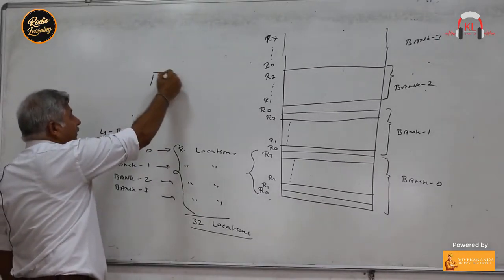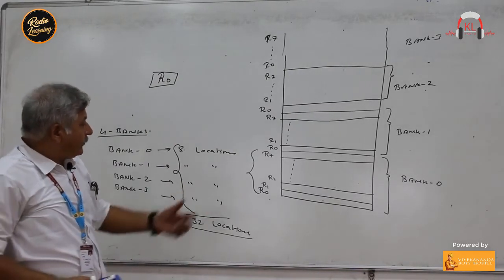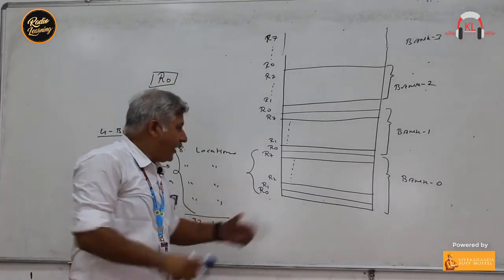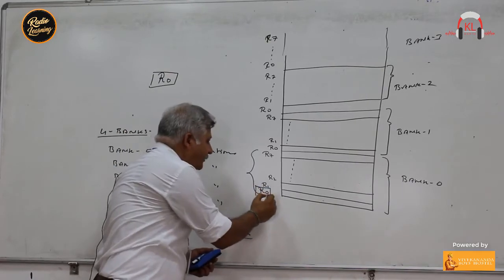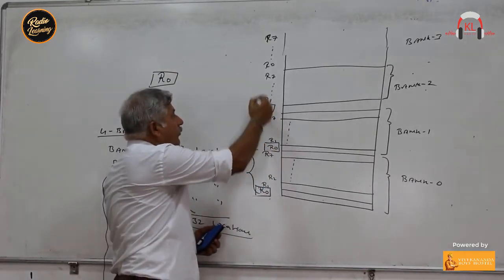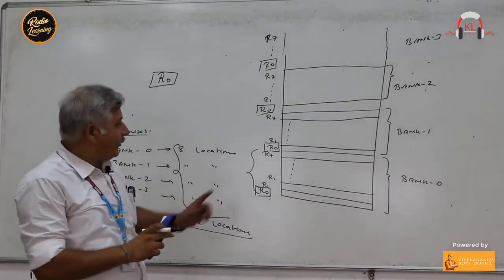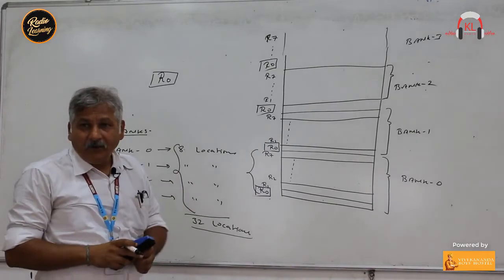I want to access the content of register R0. Now this R0 register is available in bank 0, it is available in bank 1, it is available in bank 2 and it is available in bank 3. The same name is available in all these banks.